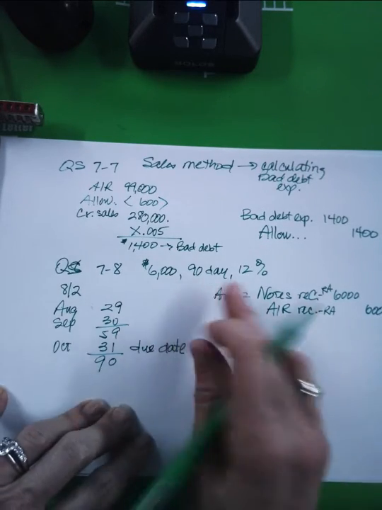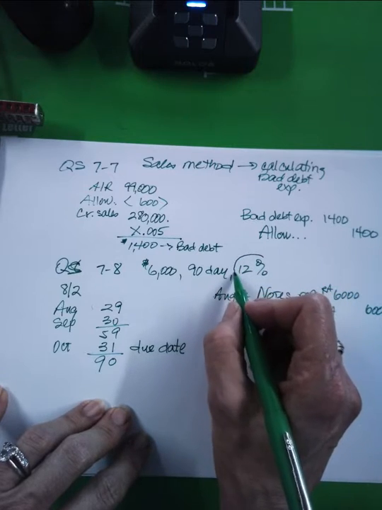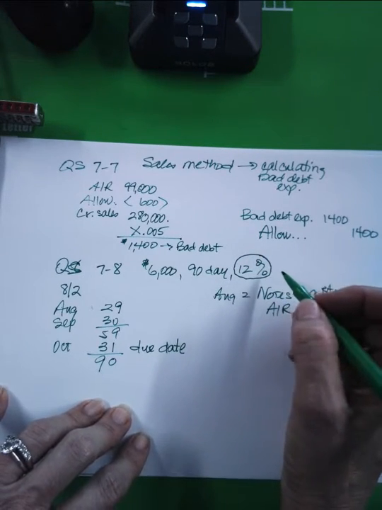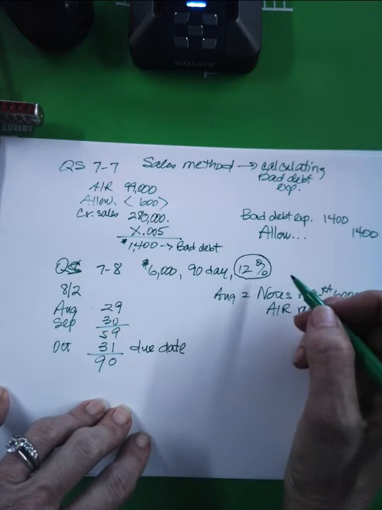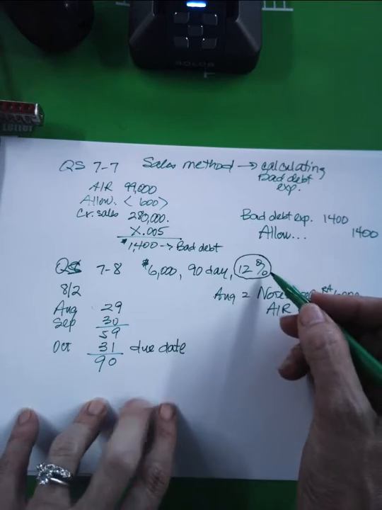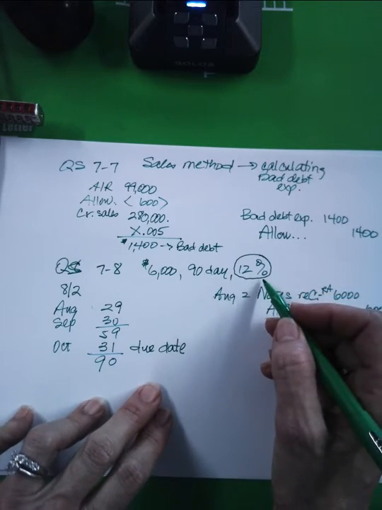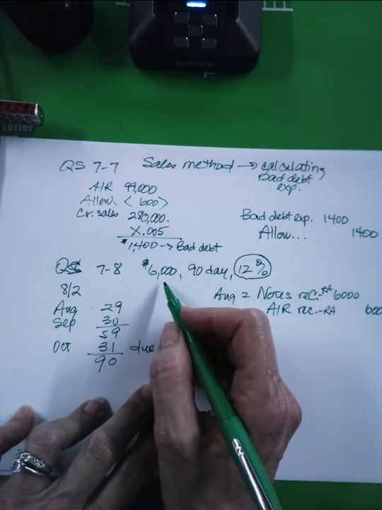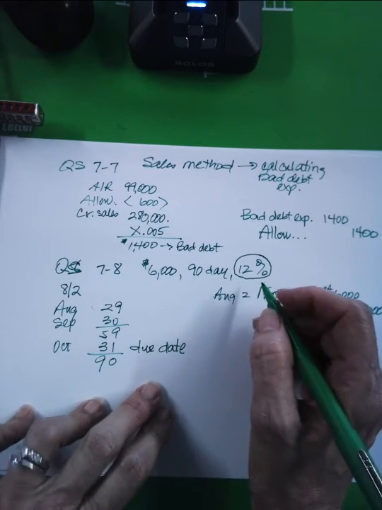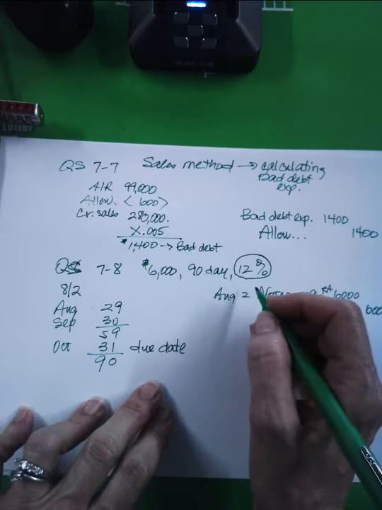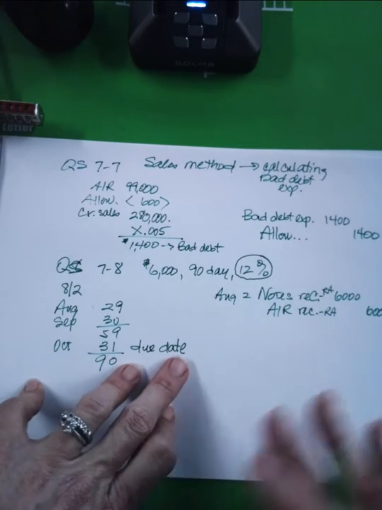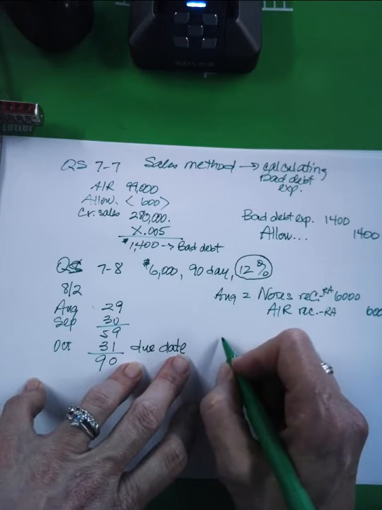Here's the deal. When you see an interest rate given, it's always given for a year. It's what's called an annual rate. So they're not going to owe you 12% on $6,000. They're going to owe you a quarter of a year's worth of 12% on $6,000. So always start by taking the amount of your note.